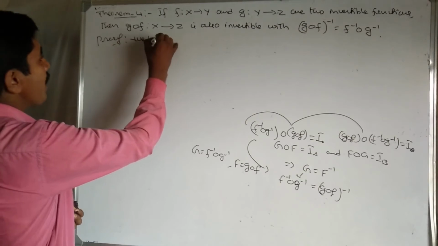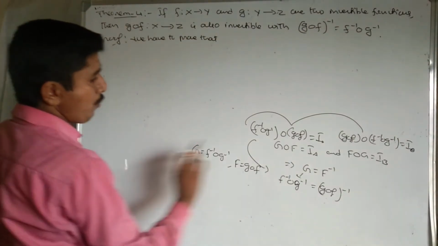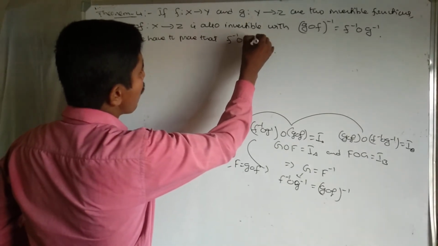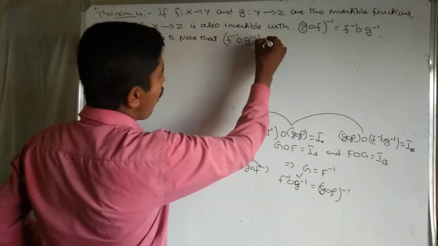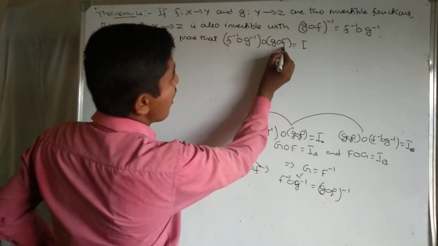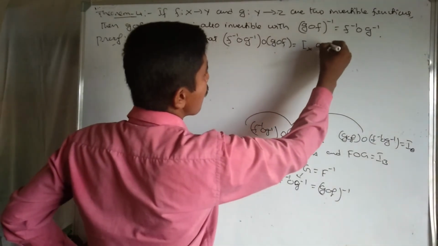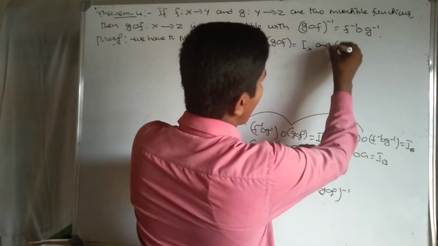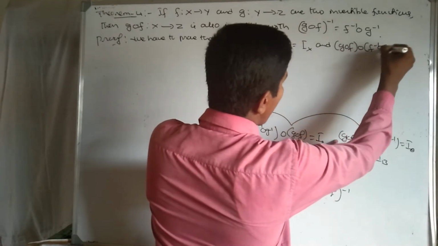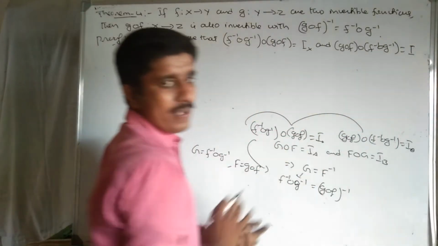Similarly, we have to prove that F inverse or G inverse of GOF equal to identity function on the domain of F, here X, and GOF of F inverse or G inverse equal to I. The domain of G inverse, subscript must be written.